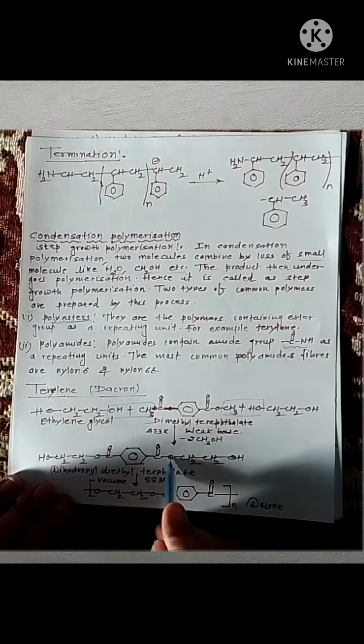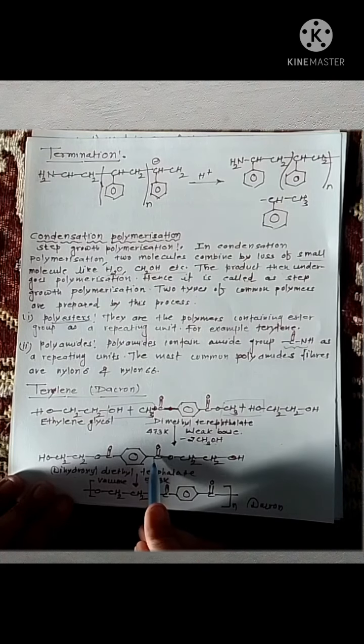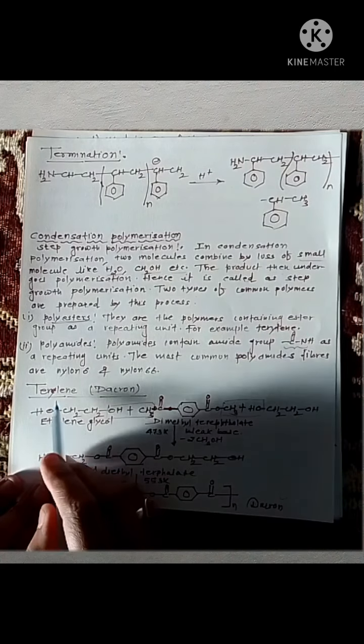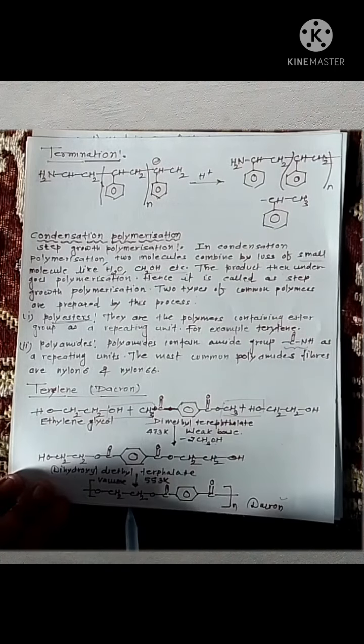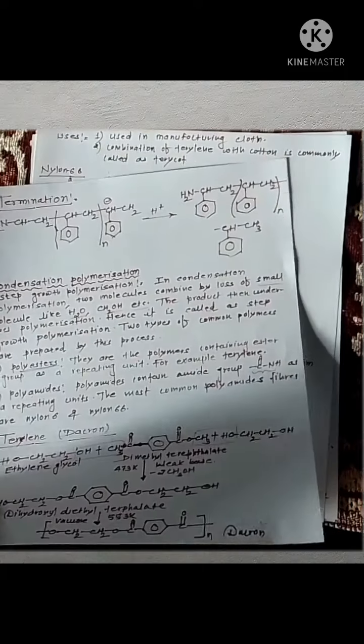This molecule, under high temperature and vacuum, gets polymerized, so we get Dacron. Dacron is basically nothing but a terylene molecule. This is the repeating unit, that is OCH2CH2O, C double bond O, phenyl ring, C double bond O, n times. This is the repeating unit present in the terylene molecule.